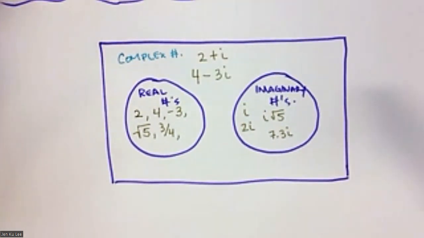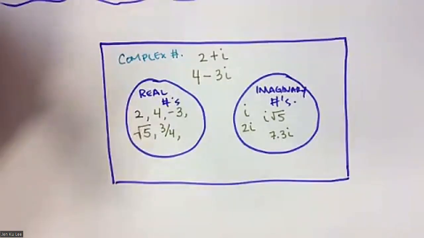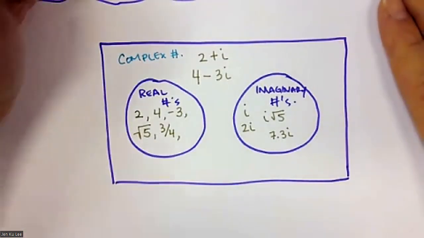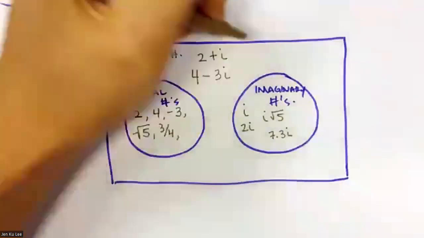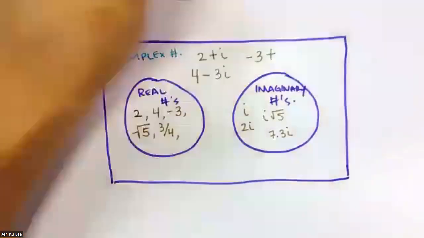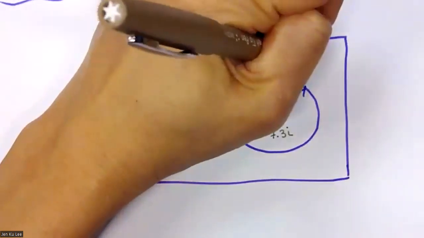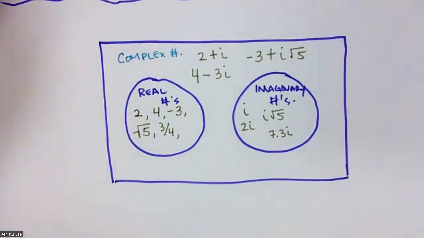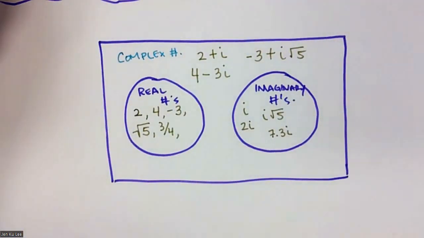It's just a sum or a difference of a real number plus or minus an imaginary number. Okay, so another one, I can take this -3 and add i square root of 5. That's a complex number.